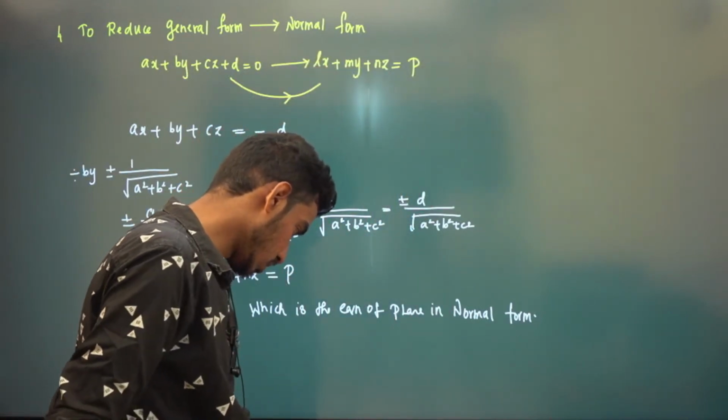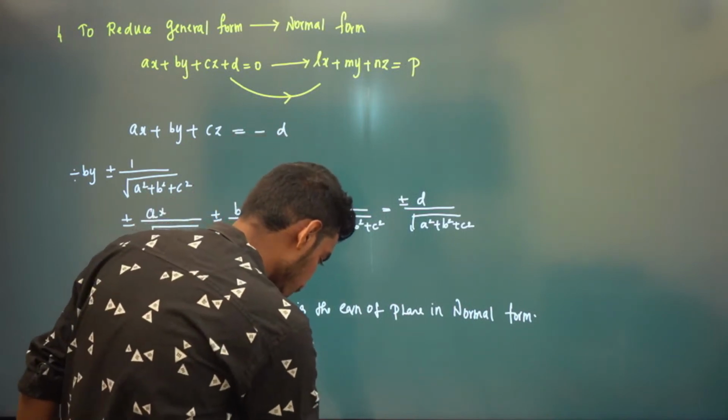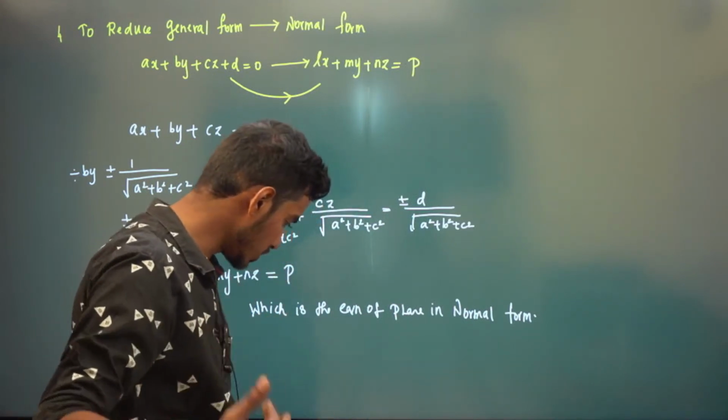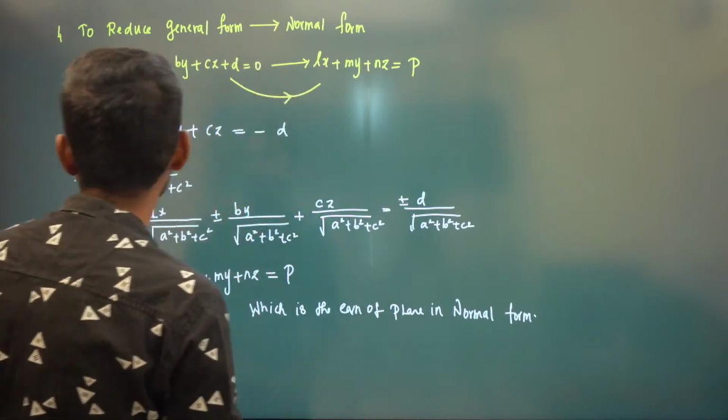Okay. Now, fifth equation. This is the equation of plane passing through a point and perpendicular to a given line. Very, very important.